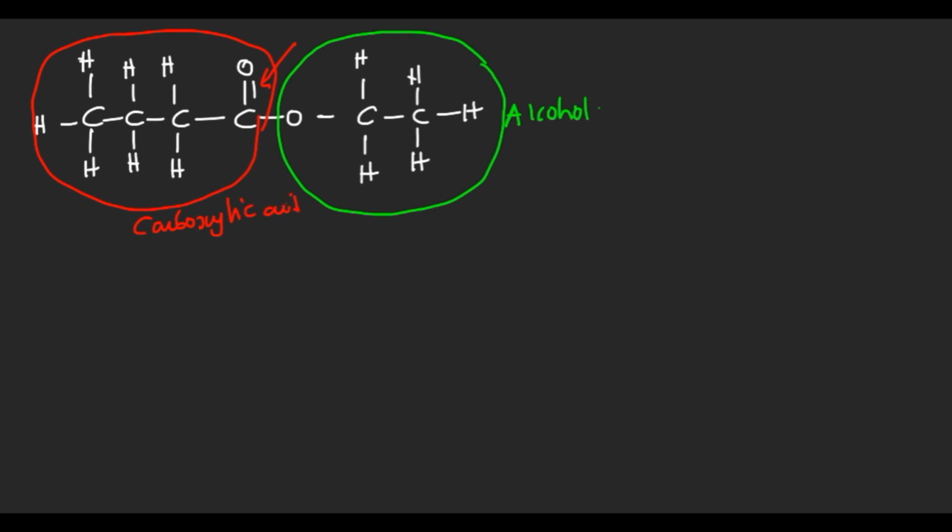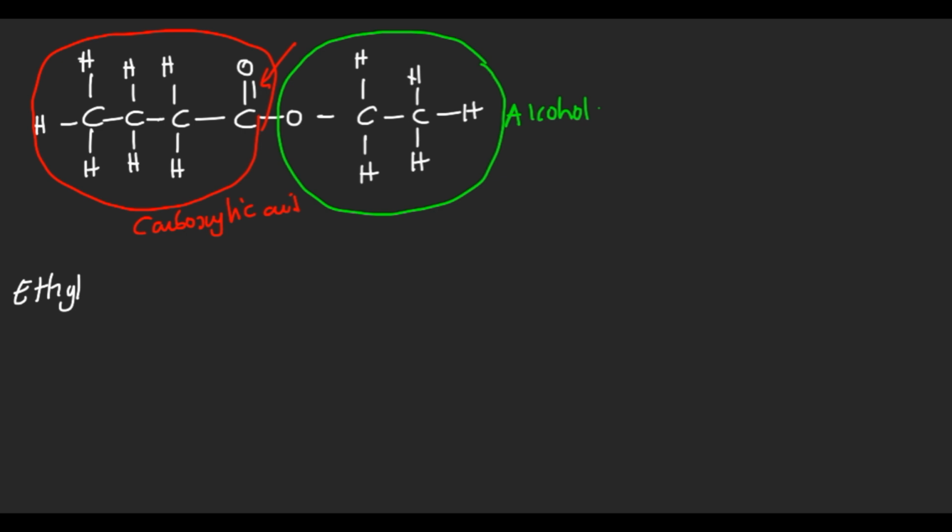Now after we are done with the identification of these two parts, we'll begin with the alcohol. From the alcohol, we can see that we only have 2 carbons here, and the prefix for 2 carbons is eth. Then we add YL so that it becomes ethyl.